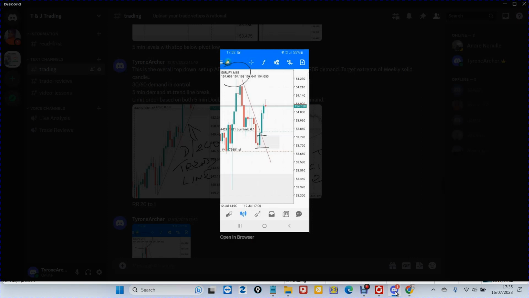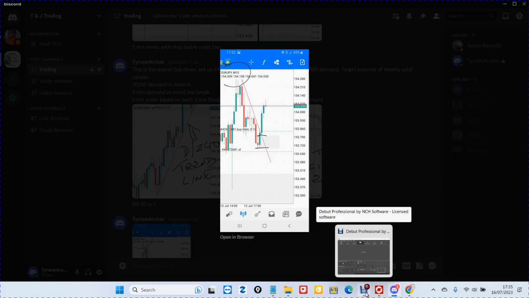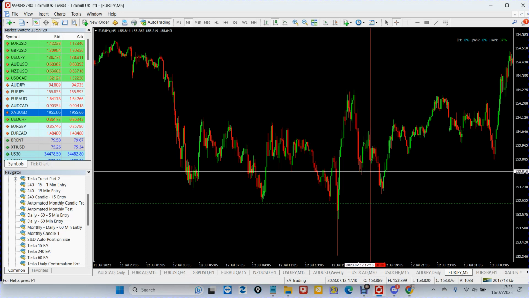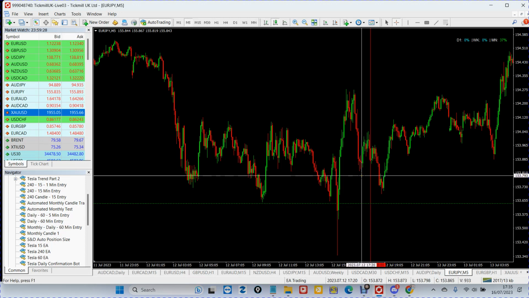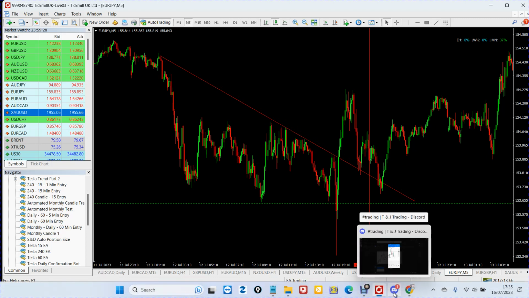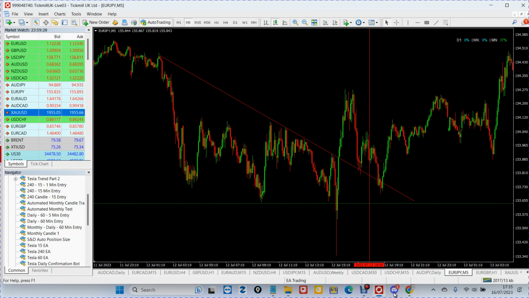Yeah, 153 sort of 70 area was the stop on the 12th of July. Good, yeah. So this must have been that flip zone that I was looking at, coming down overall from here. It's done on the phone, so I'm trying to. There's Euro 15. Yeah, that was the flip zone.